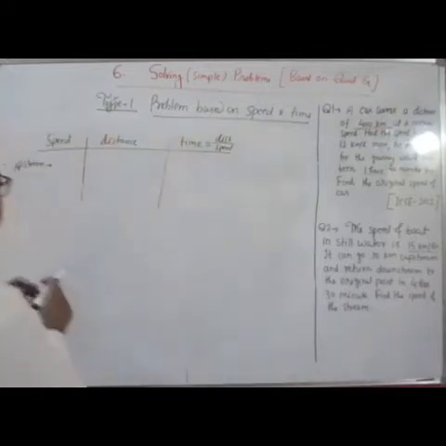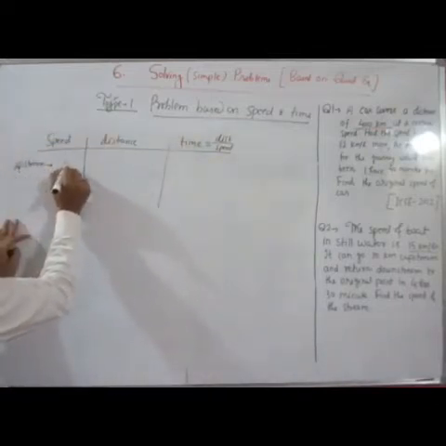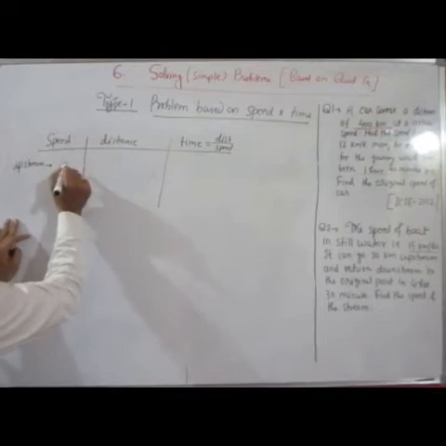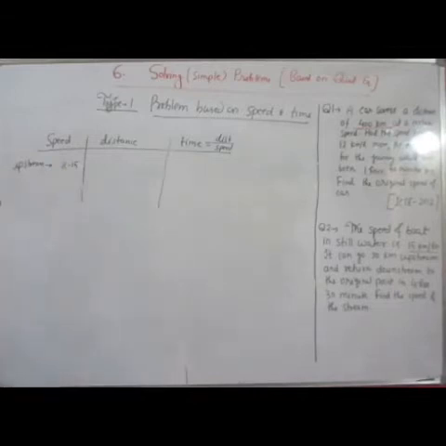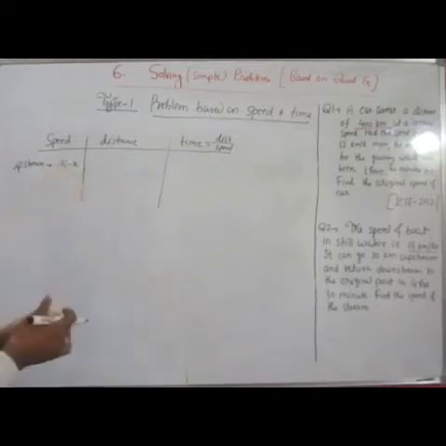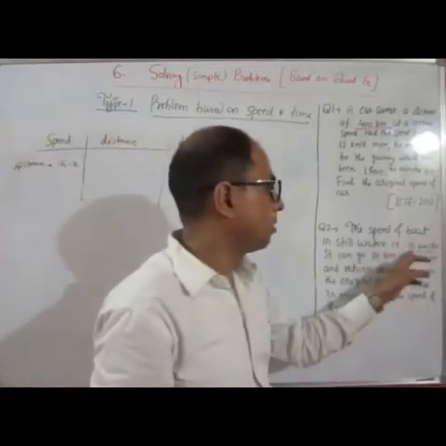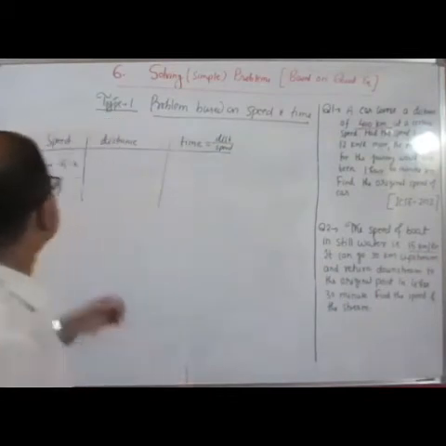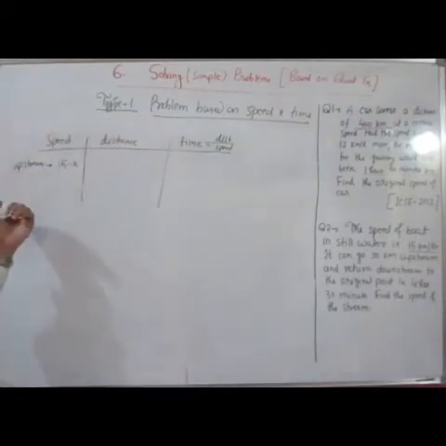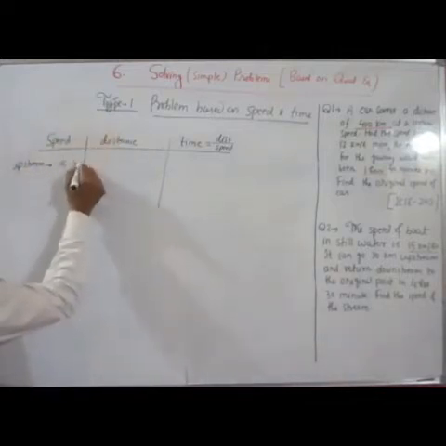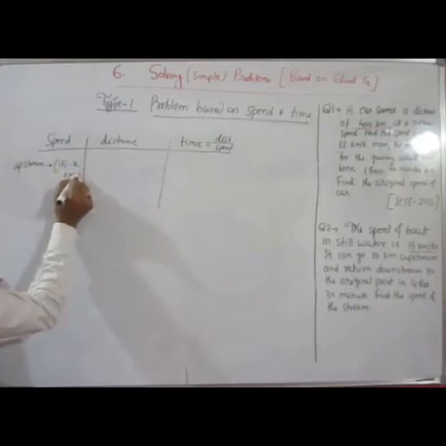So what will be the speed of the boat upstream? It will be 15 minus x, because the own speed of the boat is 15 km per hour and it is going upstream, so of course its speed will decrease. So in the upstream, the speed will be 15 minus x km per hour. The unit is kilometer per hour.